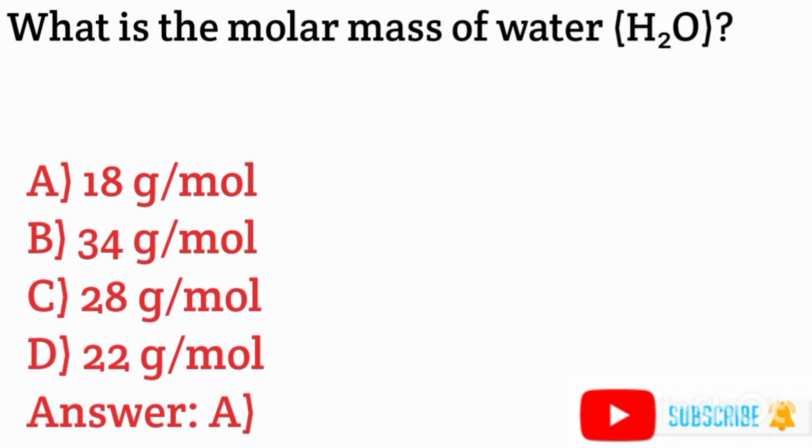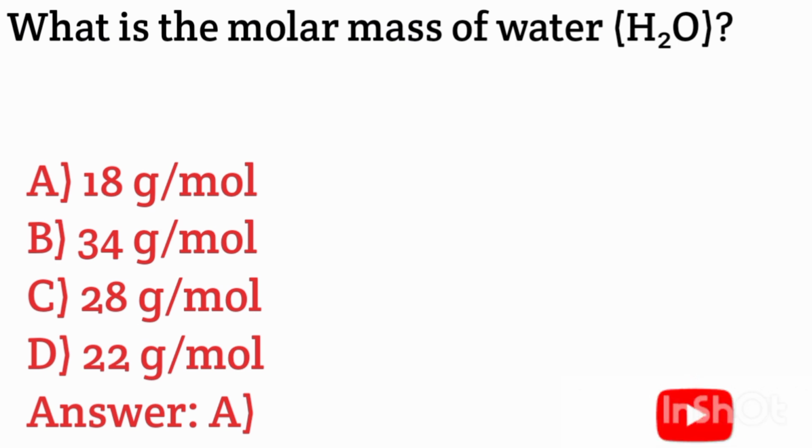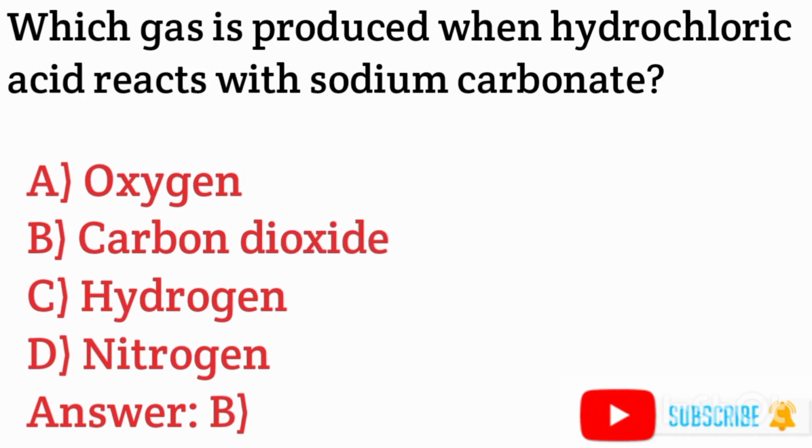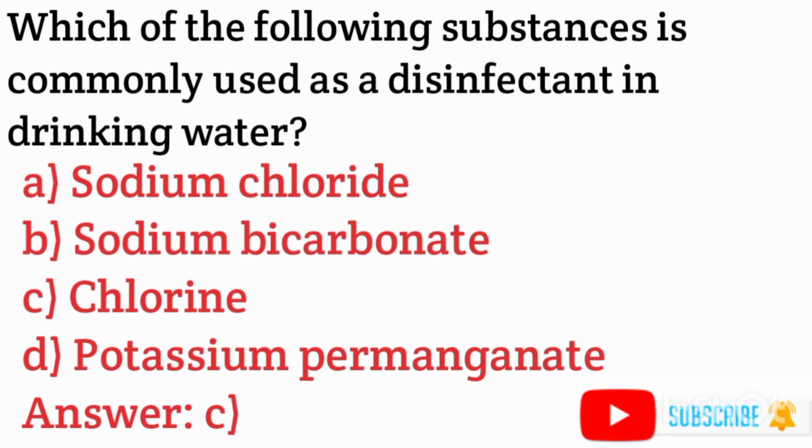Option number A is correct. Which gas is produced when hydrochloric acid reacts with sodium carbonate? Carbon dioxide. Option number B is correct.